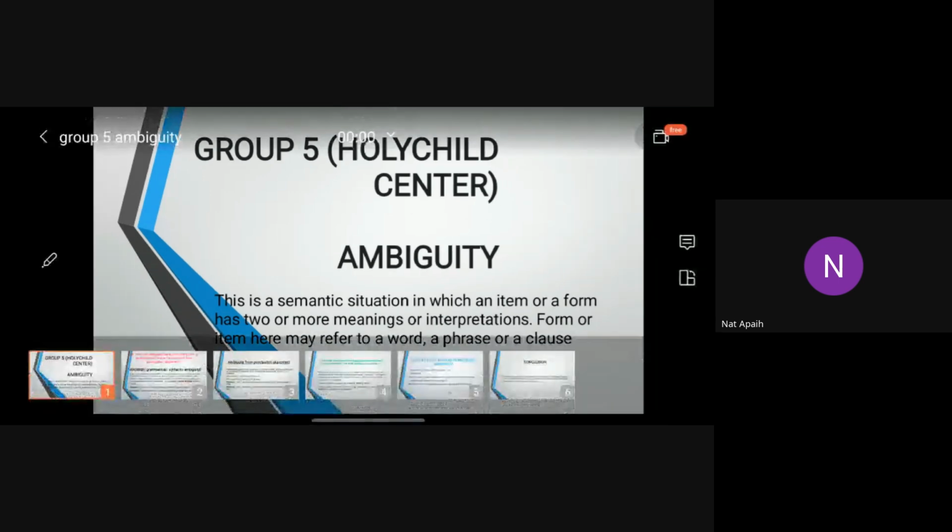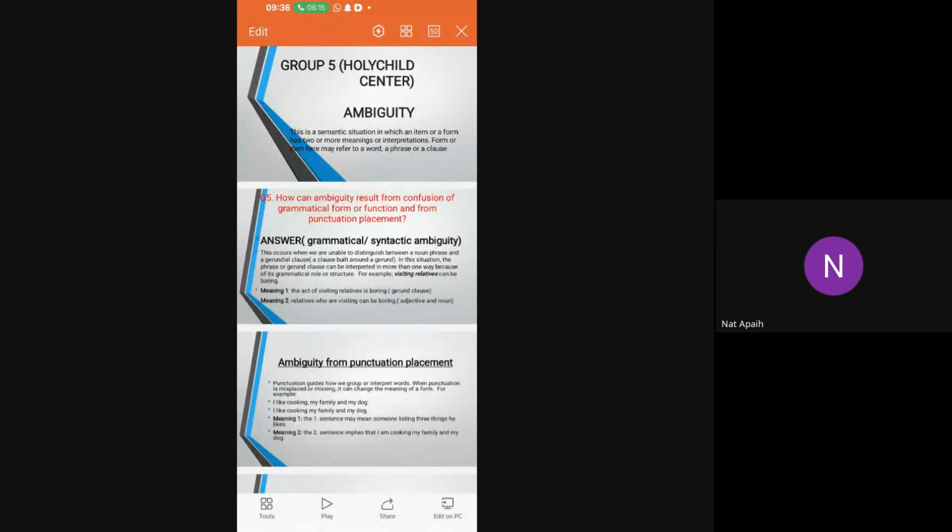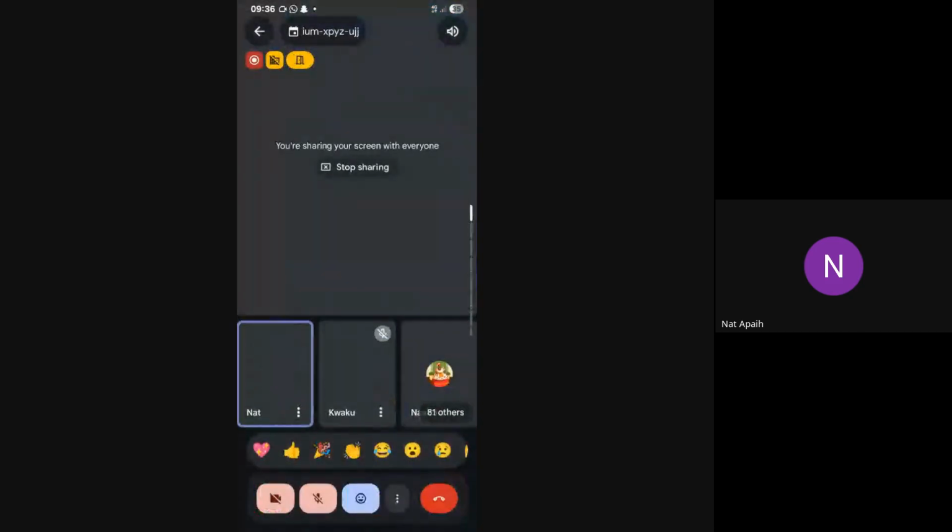If there are no questions, then maybe we'll move on to the next group to make their presentation. Thank you. Please, which group is ready? That group can kindly make its presentation.